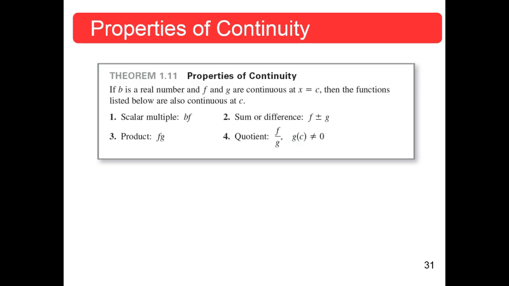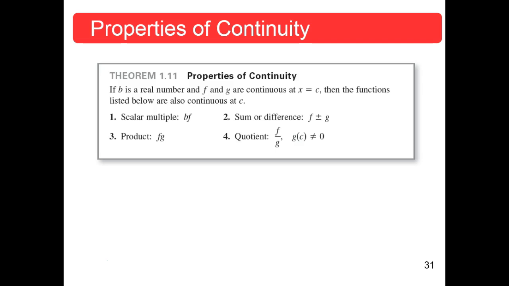Let's assume we have b as some real number. Now, usually it's the right-hand limit of our interval, but we're not sure that's what it is here. Let's just let b be a real number. Let f and g be 2 continuous functions at x equals c. Okay, they're both continuous at x equals c. Doesn't say anything about anywhere else, but they're continuous at x equals c.